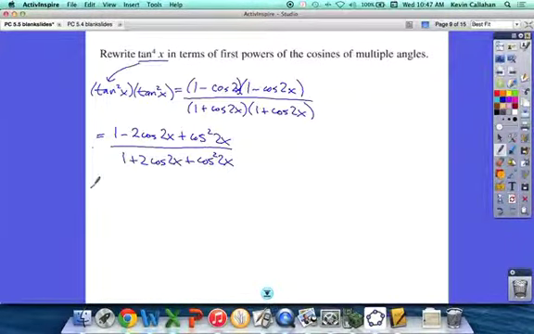Just FOIL them both. And don't try to cancel terms. You cannot cancel these terms. Very bad mistake.